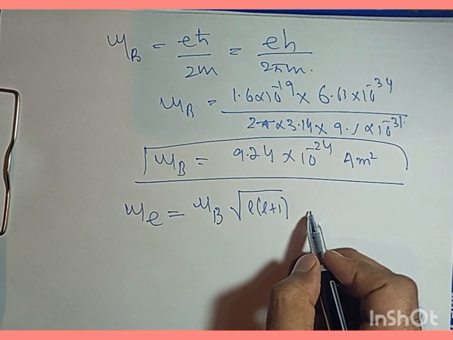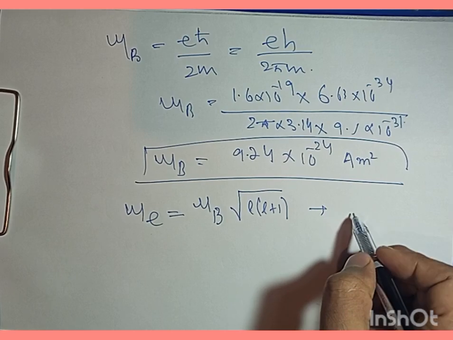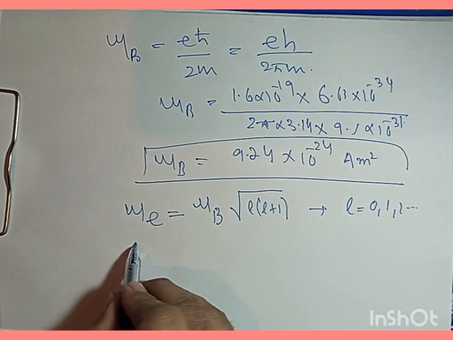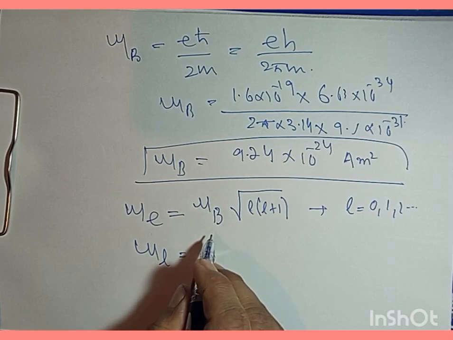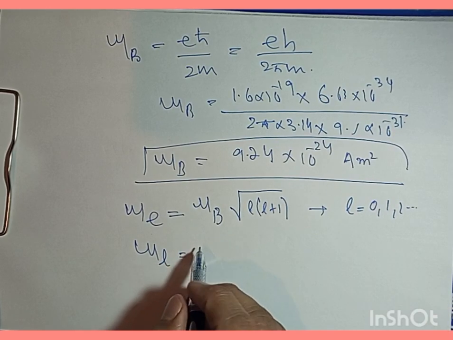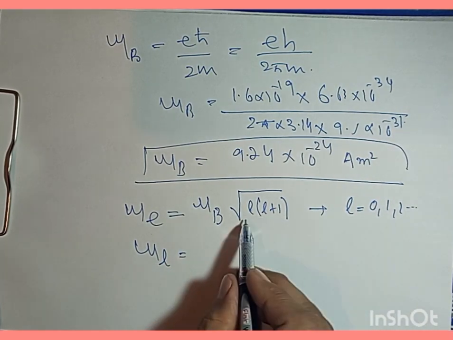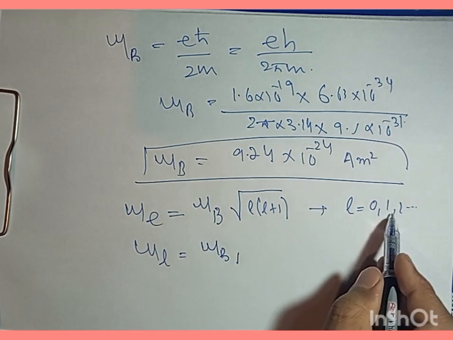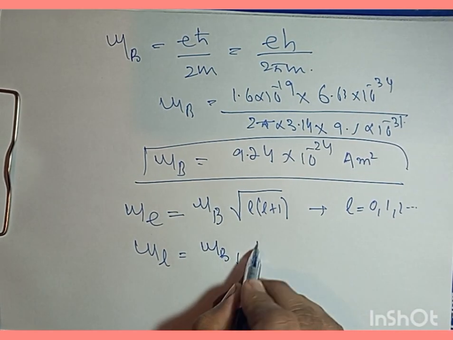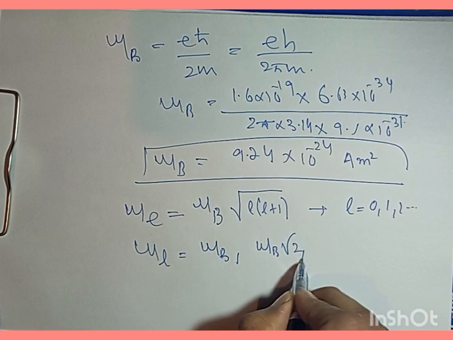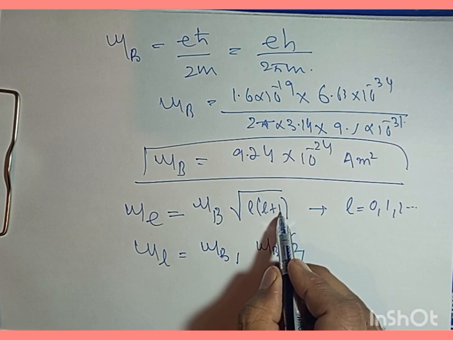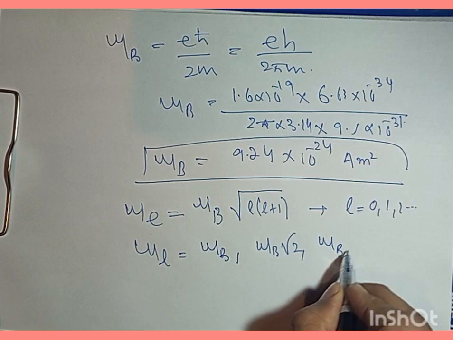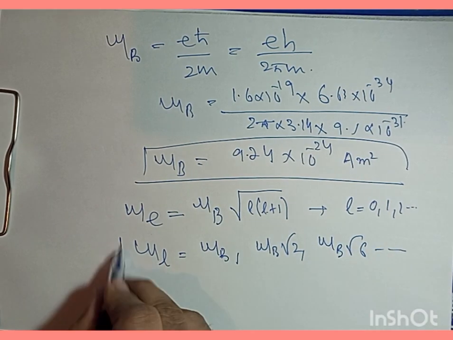The small l is the orbital quantum number, and it can be 0, 1, and so on. So I'll have mu L in the units of Bohr magneton. For 0, I will have 0. For 1, it will be mu b under root 2. And for 2, 2 plus 1 is 3, 3 twos are 6, so this is mu b under root of 6, and so on and so forth.